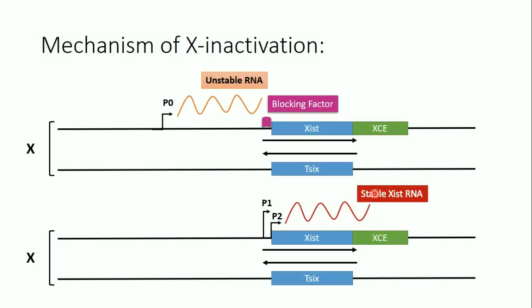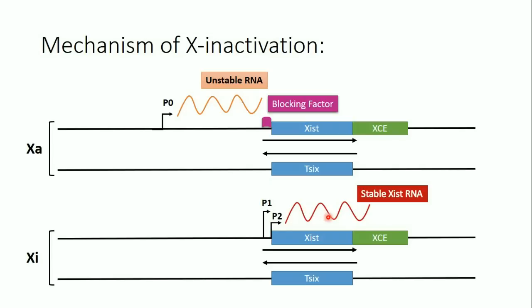And this is what we call the stable XIST RNA. And this RNA is the principal player in the X inactivation process. So this is an unstable RNA. The blocking factor is sufficient to block only one X, which is going to be the active X. So this is the active X, and this is the inactive X chromosome, in which the XIST is transcribed from P1 or P2 promoters.